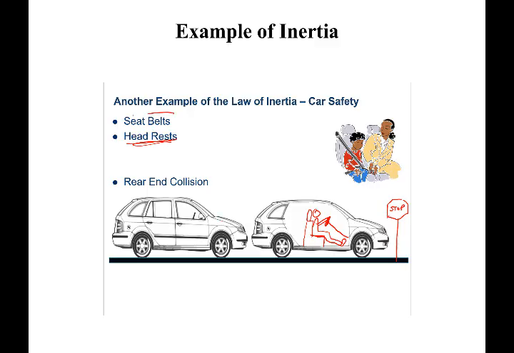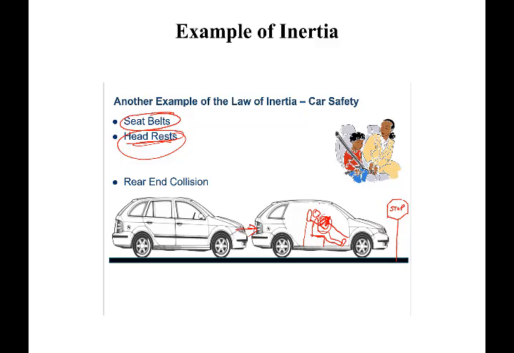So that's why there are seat belts and headrests, only to avoid sudden jerks. For example, in a rear-end collision, the person stops safely because he has a seatbelt on and airbags on, and this is all based on inertia.